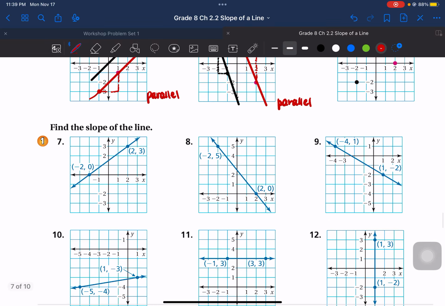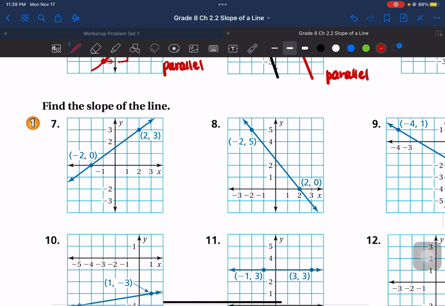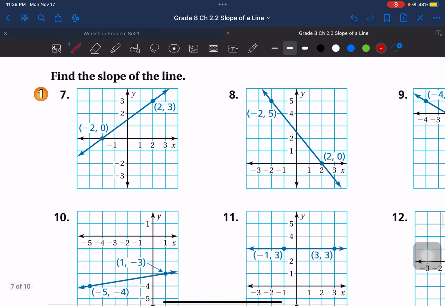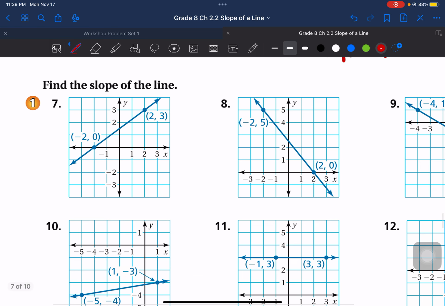And then let's look at number 7. I'll just do one problem and then you do the other 5. So number 7, we already have 2 points. Let this point be x1, y1, and that is x2, y2.